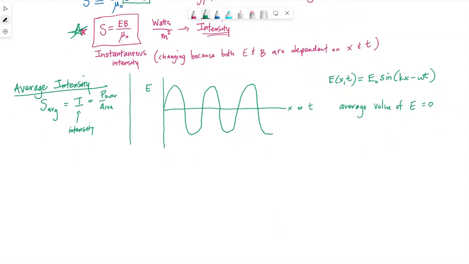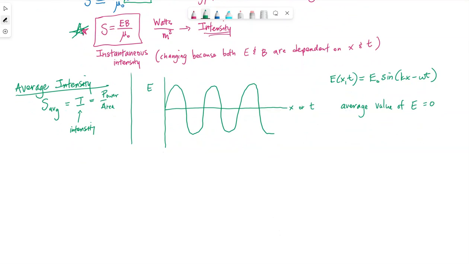So what we do here, because E and B are always related, it turns out we can rewrite this Poynting vector equation in terms of just E or just B. If you recall, the speed of light was E naught over B naught. So if I wanted to plug in for E, I would end up with a B squared.